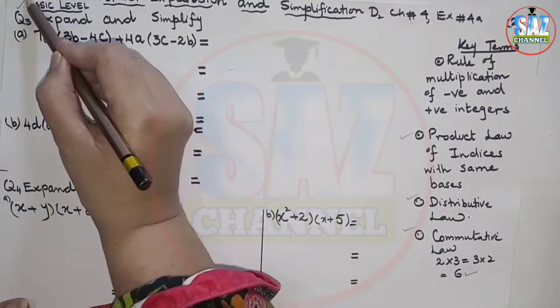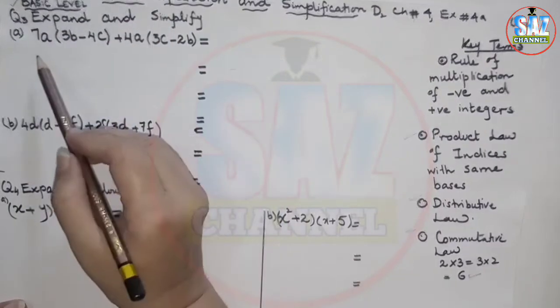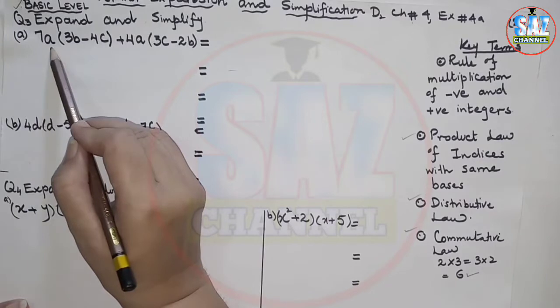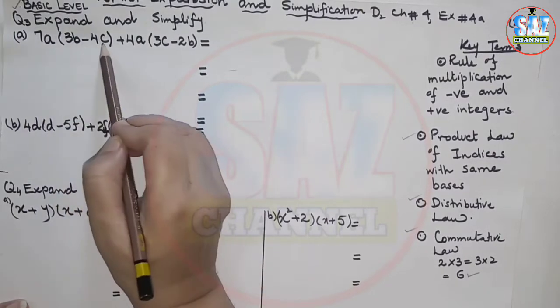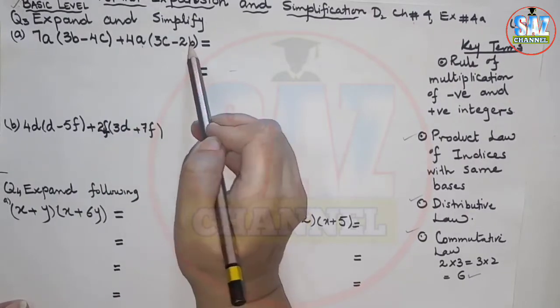Question number 3. Question says expand and simplify. First question is 7a into (3b minus 4c) plus 4a into (3c minus 2b).